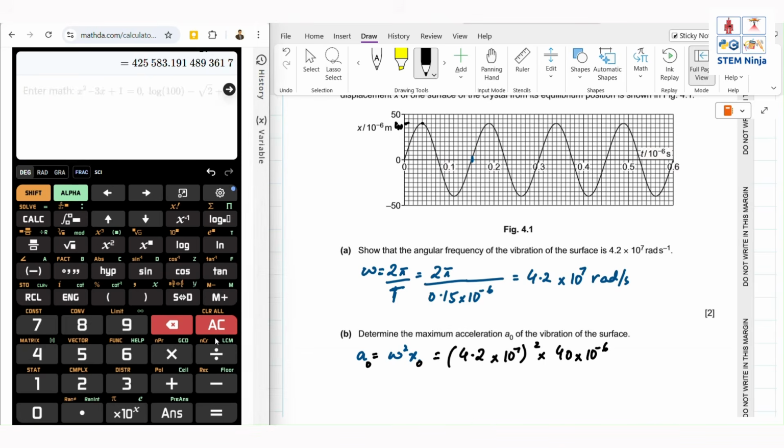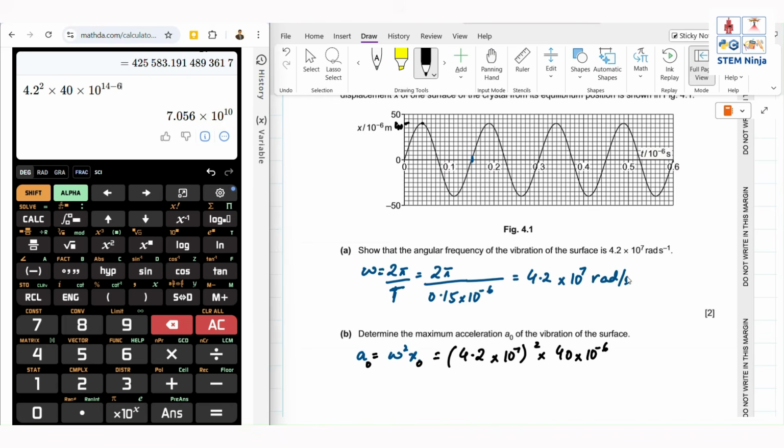So this would be 4.2 squared times 40, and the powers of 10: 7 times 2 is 14, minus 6.